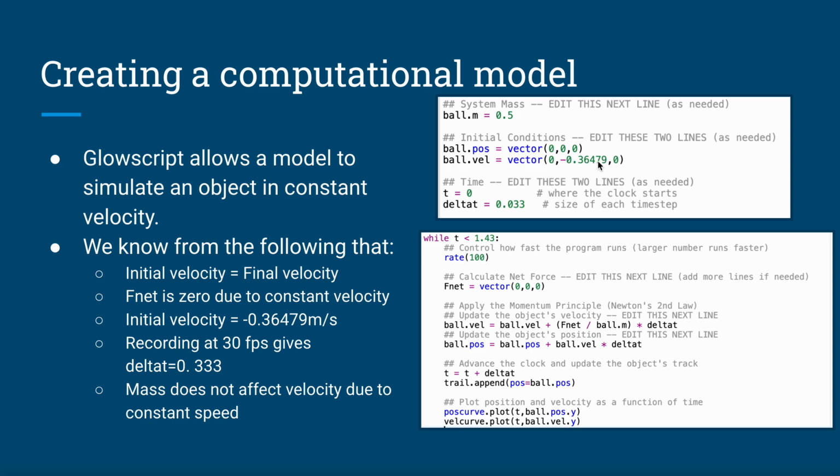Since we recorded the video at 30 frames per second, delta t is equal to 0.033, which is just 1 divided by 30. And since mass does not affect velocity at constant speed, we can just set the mass to some arbitrary number. Below here, we put the position update formula, which is the position plus the velocity times delta t. And we know that the velocity will not change due to F net being 0.